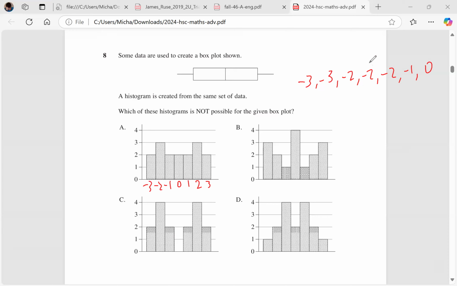I guess the median of this would be -2. It also seems like you only have to do the bottom because the top is symmetric. So A seems possible, so it's not A.